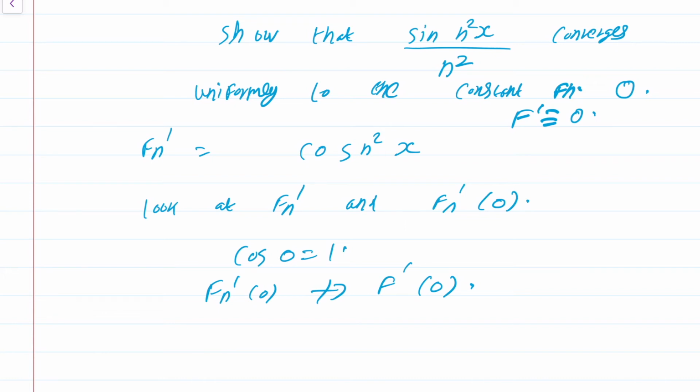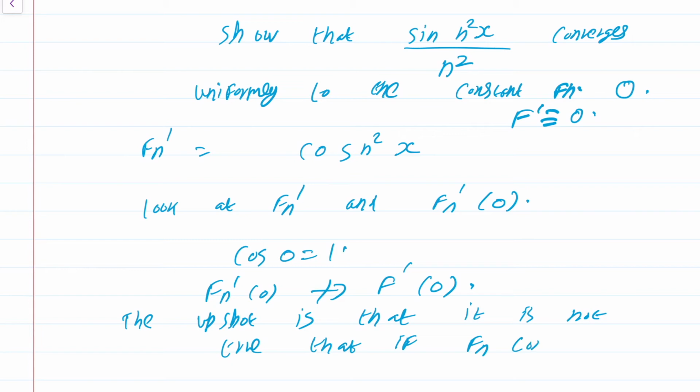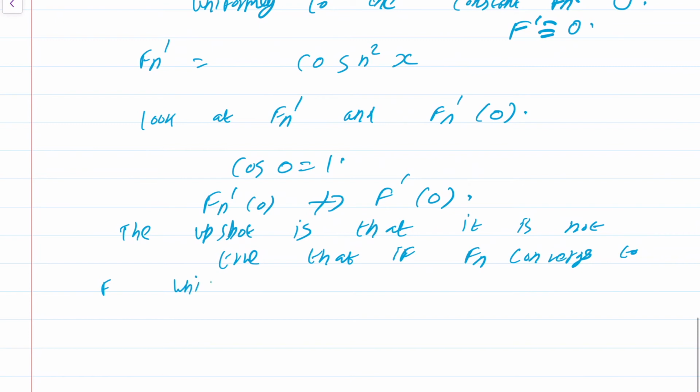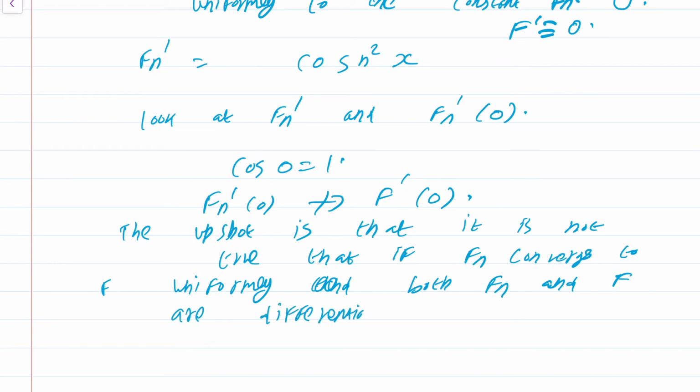So the upshot is that it is not true that if f_n converges to f uniformly, and if both f_n and f are differentiable, then f_n prime converges to f prime.